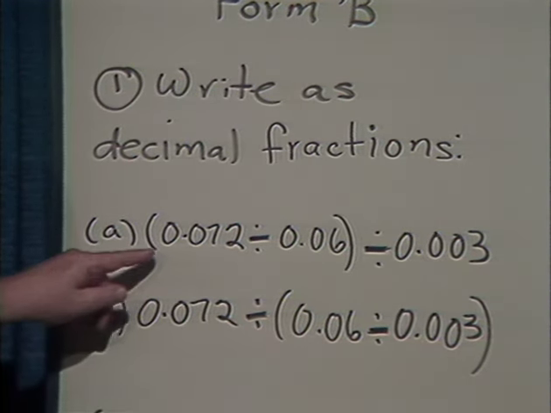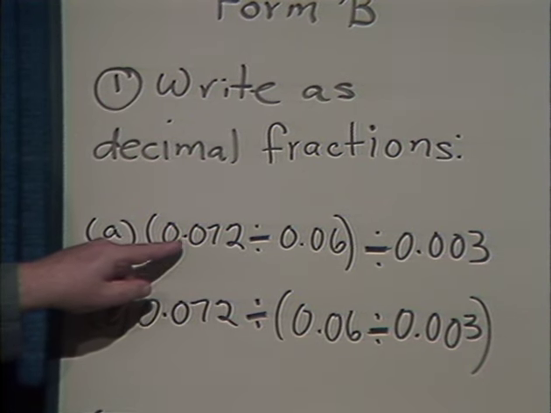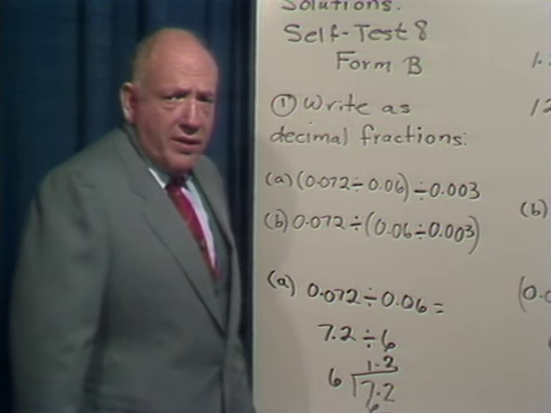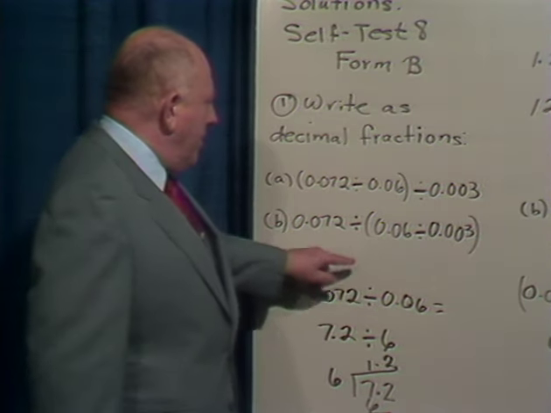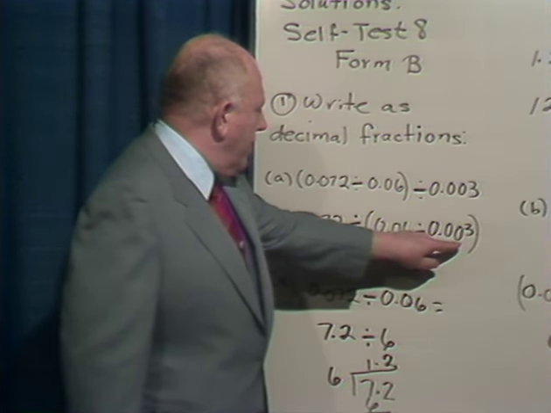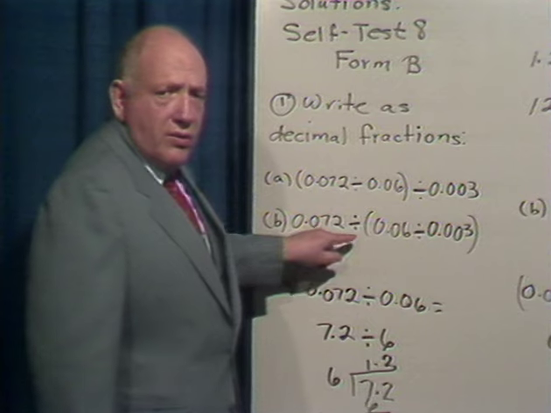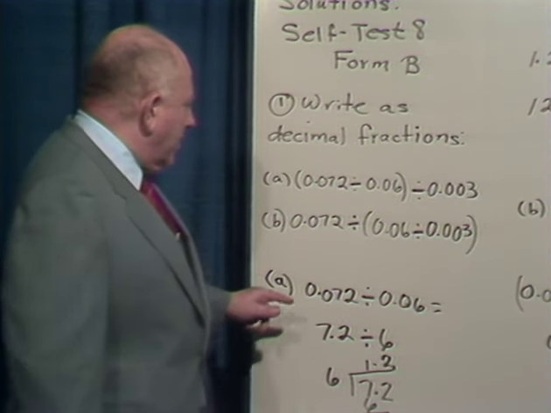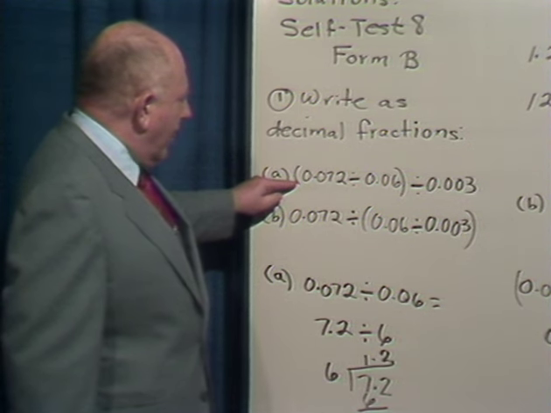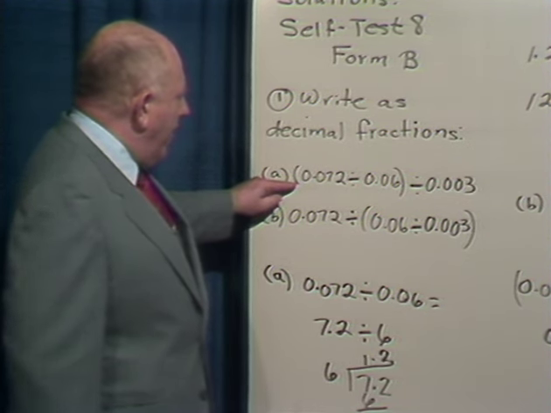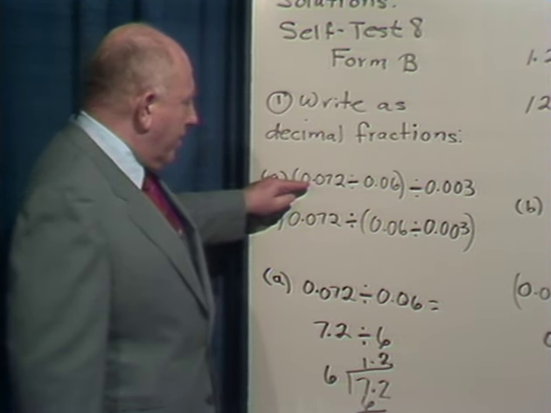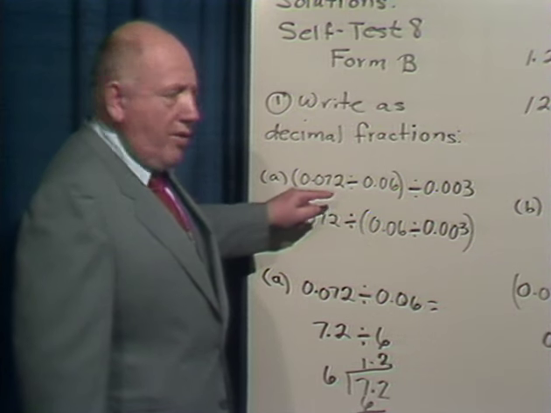But in part A, you first divide 0.072 by 0.06, then divide by 0.003, whereas in part B, you first divide 0.06 by 0.003, and then divide 0.072 by that quotient. Remember, everything inside the parentheses is done first. So in part A, we first divide 0.072 by 0.06, then divide that by 0.003.